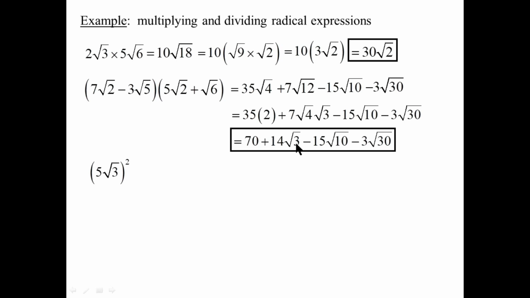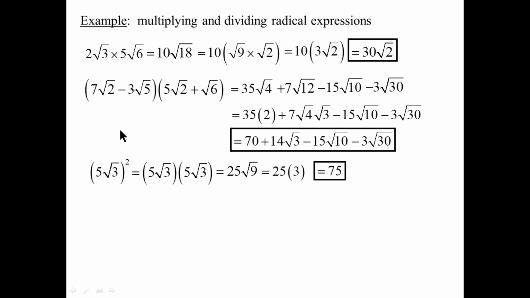Let's square one of these things. Well, when you square an expression, we'll have to square the 5 and square the root 3. So it'll be the coefficients times each other and the radicands times each other. And root 9, of course, is 3.